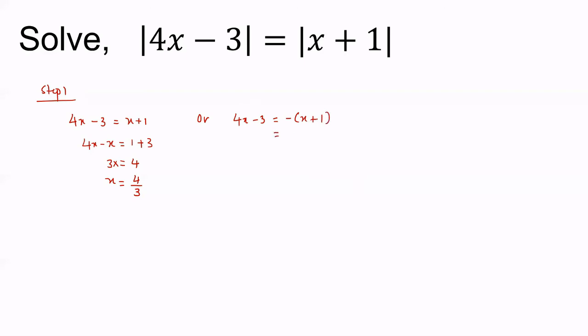So we distribute the minus into the bracket, we get minus x minus 1, and on the left will be 4x minus 3. And we simplify it, bring that minus x to the left-hand side. So add with 4x, we get 5x, and bring that minus 3 to the right-hand side, we get minus 1 plus 3, and simplified, we get 2. So the critical point of x will be 2 over 5. So we also get another critical value when the region is negative.